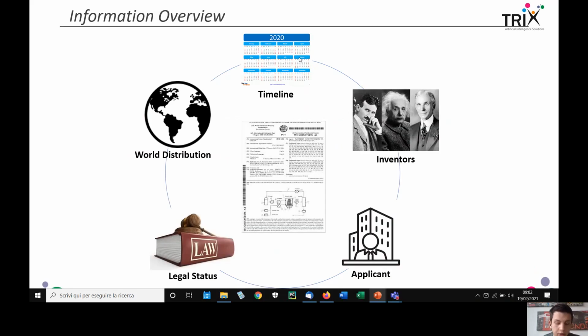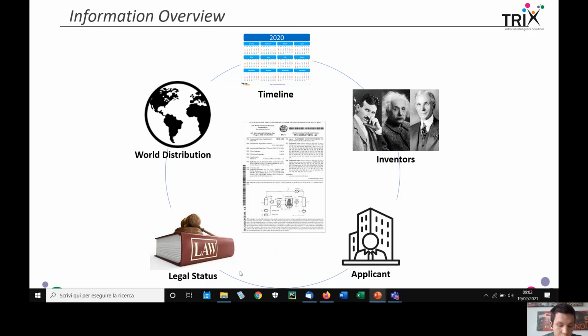The information contained in a patent document can be summarized in the timeline of the patent with all the dates from filing to granted, who are the inventors and applicants of the patent, if the patent was sold to other companies and when.